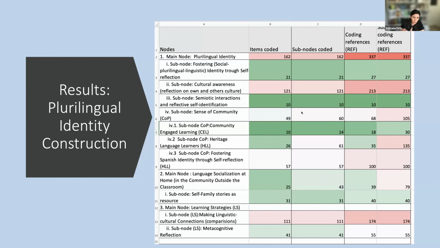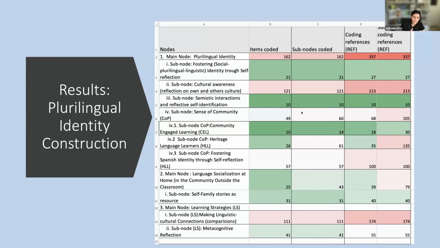The subnodes for the communities of practice have 105 references, 135 references, and 100 references, as you can see. They reveal the dynamic interplay between community engagement, self-reflection and self-awareness, fostering a rich and multi-layered understanding of the students' linguistic repertoires and their place within a broader sociolinguistic landscape.